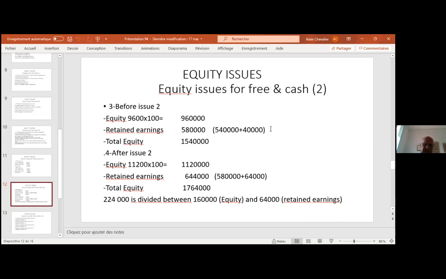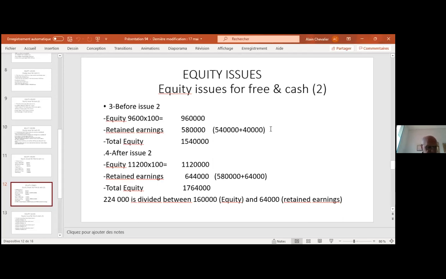Now, what's happened after? After issue 2, we have an equity level which has increased because we have an increase in the number of shares. Another 1,600 shares were created. So we have 11,200 shares.